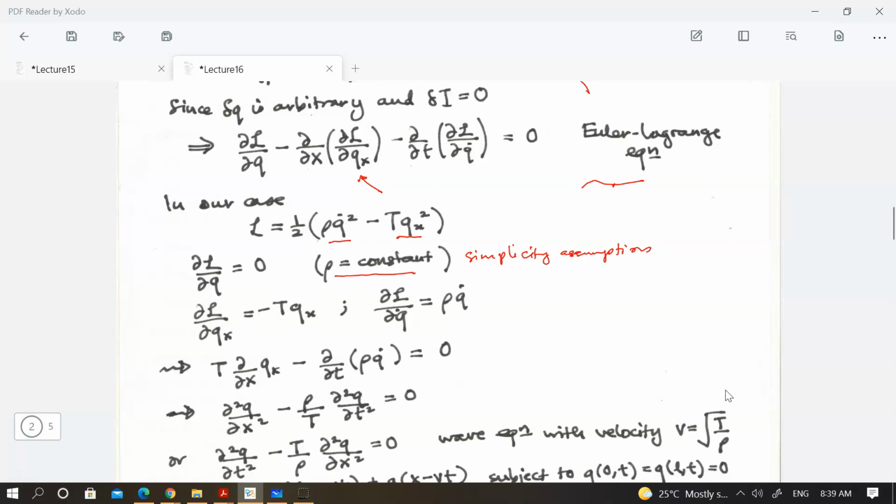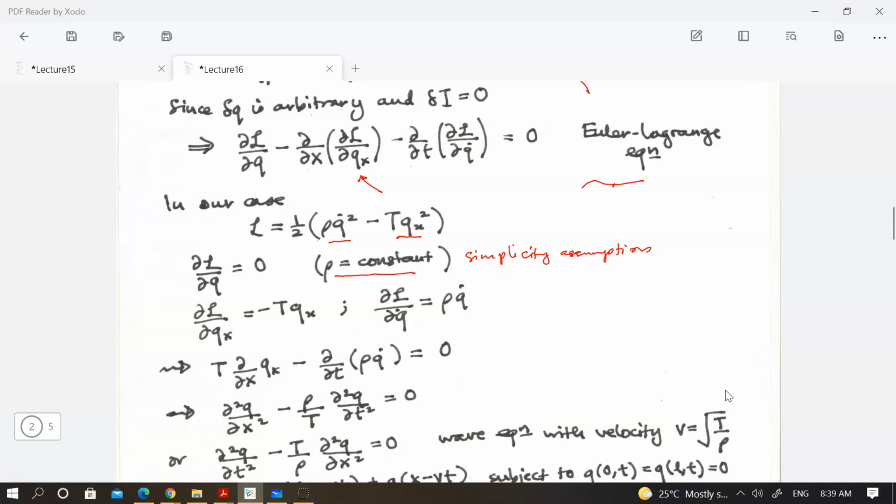Okay, so the next thing is partial L, partial Qx. If you look at the Lagrangian density, your Qx appears here, so you can take the derivative of that, which gives you minus t Qx, and then partial L, partial Q dot for this one over here gives you rho Q dot.